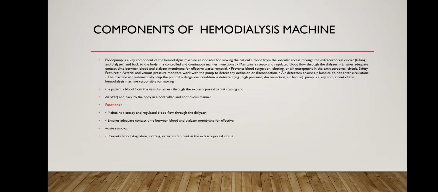It prevents blood stagnation, clotting and air entrapment in the extracorporeal circuit, and has safety features like arterial and venous pressure monitors that work with the pump to detect any disconnections, and air detectors so that air bubbles do not enter the circulation.